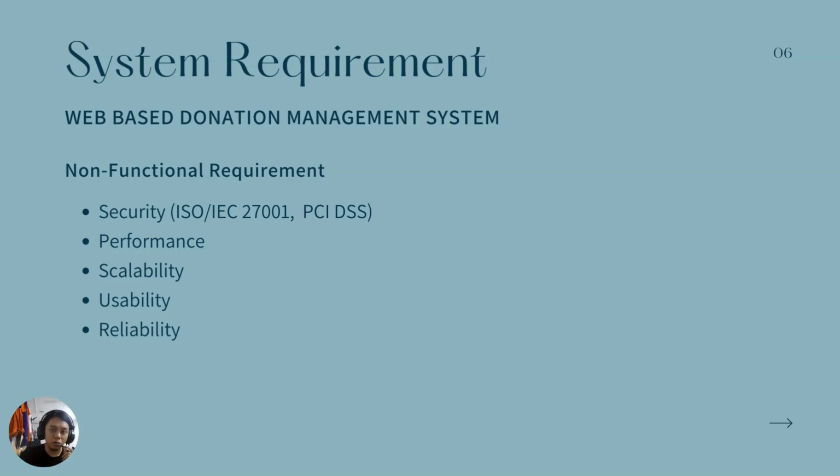This one is for information security, and we have the PCI DSS for secure payment processing. So we will follow these two standards for better security for our system. Then we will try to make a better performance, scalability, usability, and reliability, to make our system a smoother experience for the stakeholders.